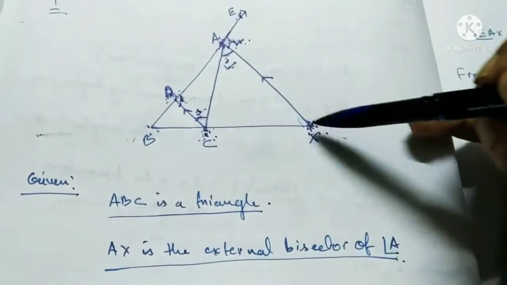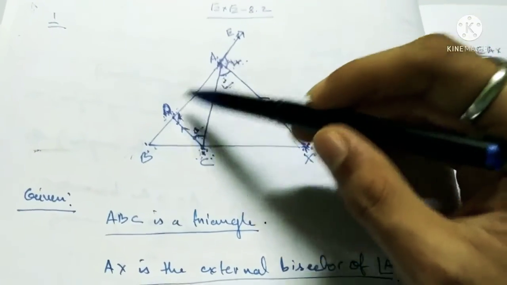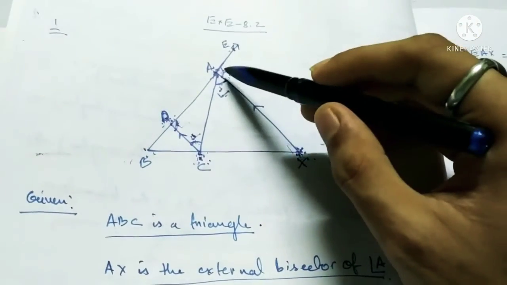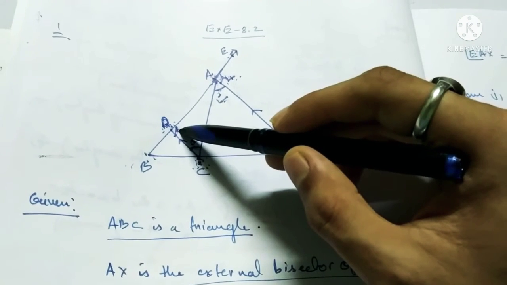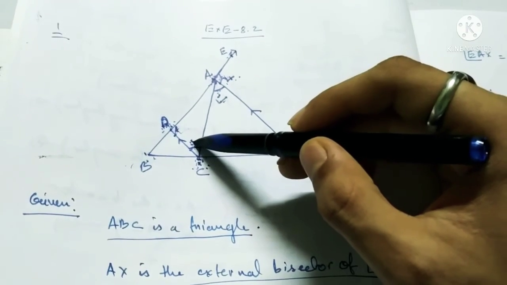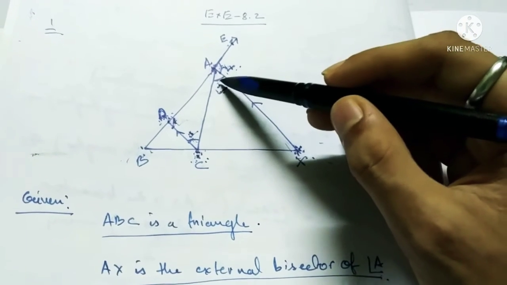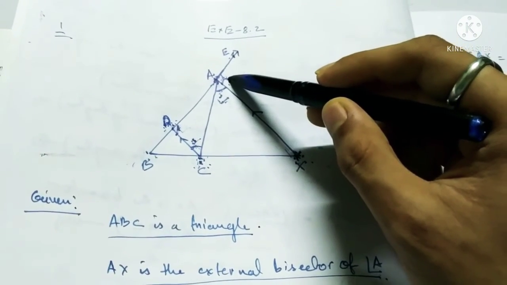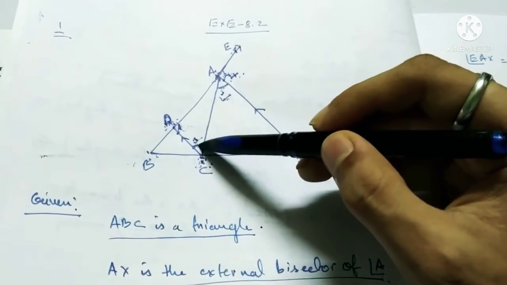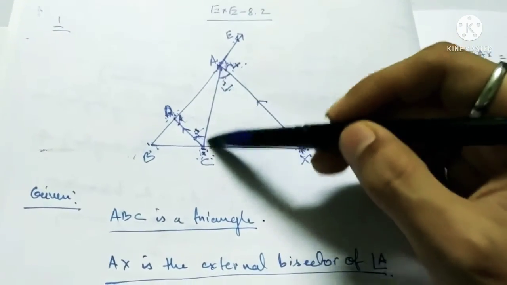Then in the proof, CD is parallel to AX, so this angle is equal to this angle, corresponding angles, equation 1. Again this angle is equal to this angle, alternate angles, equation 2. Since AX is the external bisector of angle A, this angle is equal to this angle, equation 3. From 1, 2 and 3, this angle is equal to this angle. So AD is equal to AC.